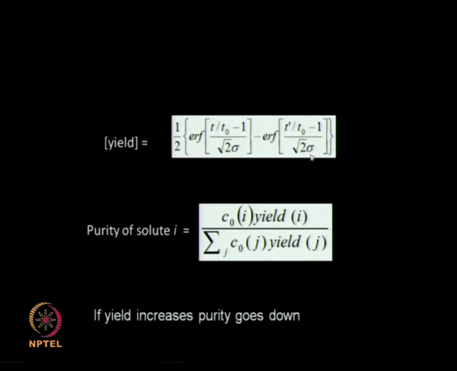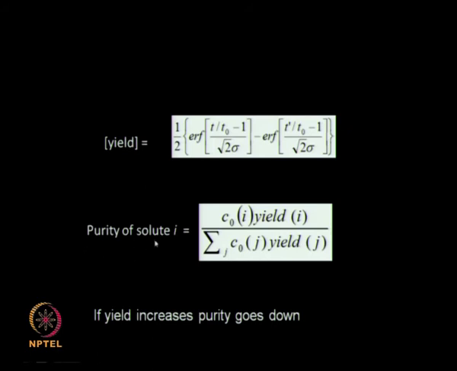Okay. Now the purity of any solute, as I mentioned, now you have many components. In the previous example we have two components. So it is given by concentration into yield of component 1 divided by concentration and yield of component 1 plus concentration and yield of component 2.